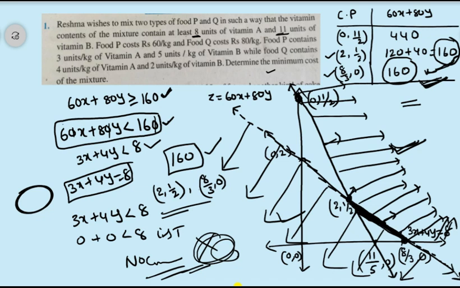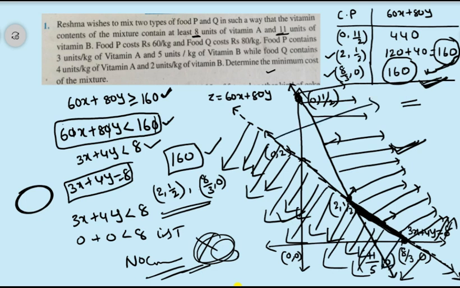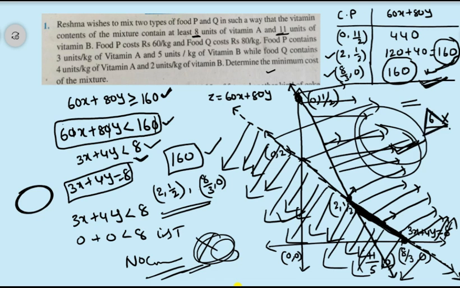Okay, sir, suppose instead of getting the lines on this side, for a contradictory case, we got this side, then what happens? The contradictory case has a common portion with the feasible region. So we can say 160 is not the minimum value, and in this case the minimum value does not exist.